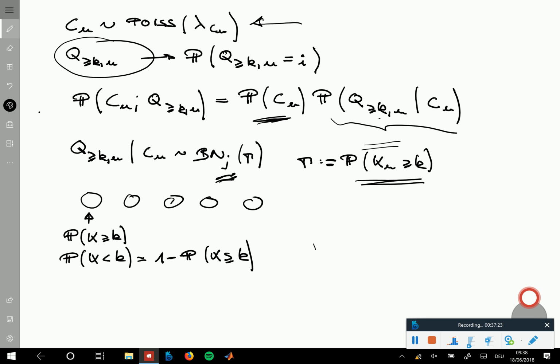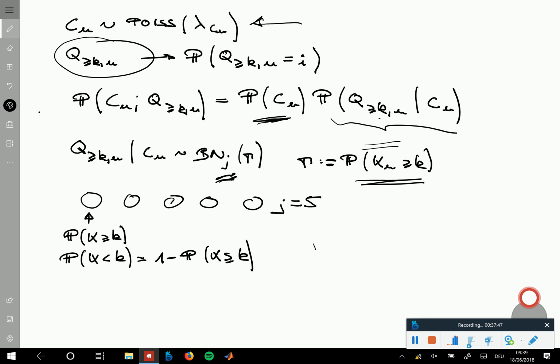If K is fairly low, then it's very likely that this is larger than K, and 0.2 that it's smaller than K. And if you increase K, then of course the probability might decrease. But the point is that these J clusters all have this probability to be individually larger or smaller than K.